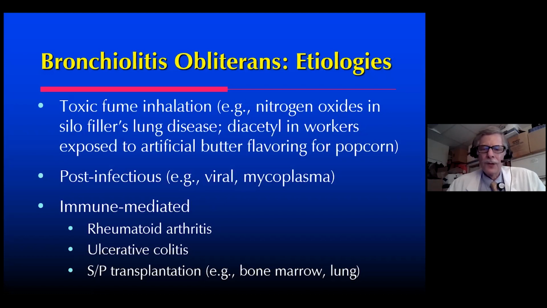And if your institution does transplantation, bone marrow and lung, you'll see quite a bit of obliterative bronchiolitis as part of graft versus host disease in bone marrow transplant, and as part of chronic rejection in lung transplant. So the symptoms are kind of non-specific, short of breath, often a non-productive cough.